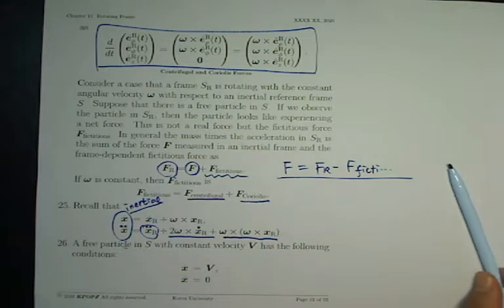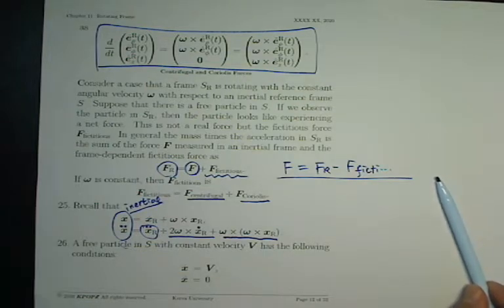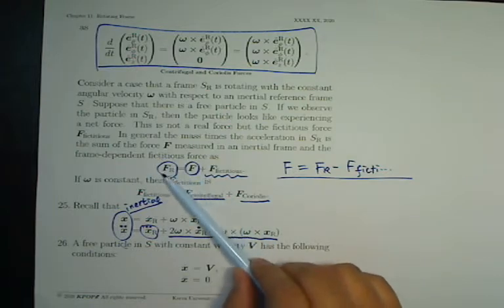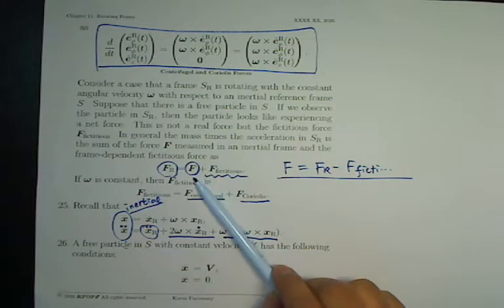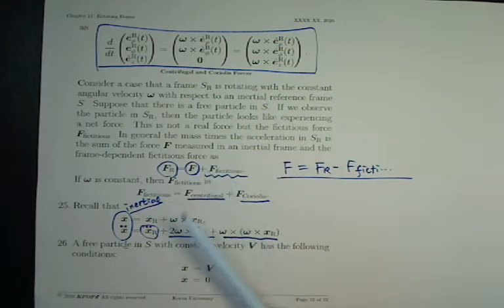Let us next consider the fictitious force measured in the rotating frame. In a rotating frame, the force is the actual force that can be measured in the inertial reference frame plus the fictitious force.